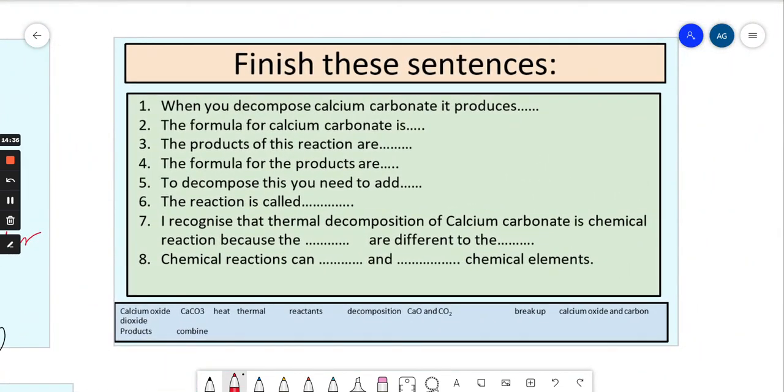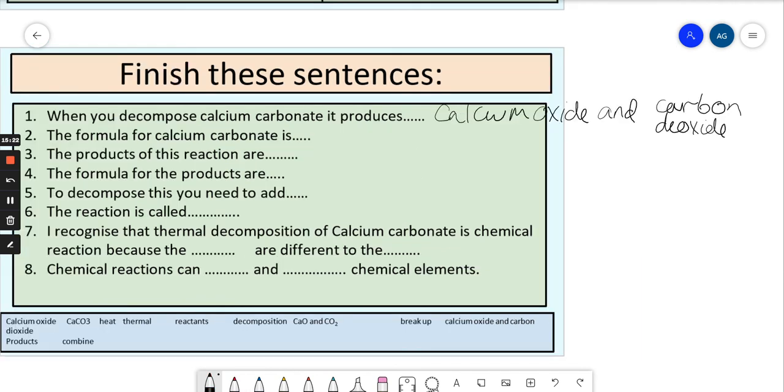Have a go at finishing these sentences. When you decompose calcium carbonate, it produces calcium oxide and carbon dioxide. The formula for calcium carbonate is CaCO3.